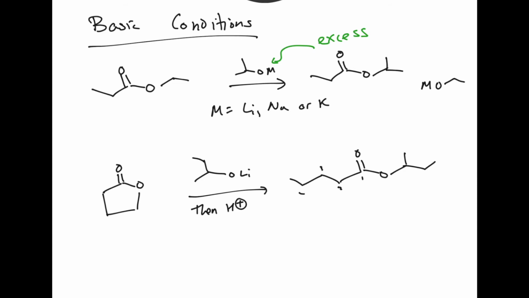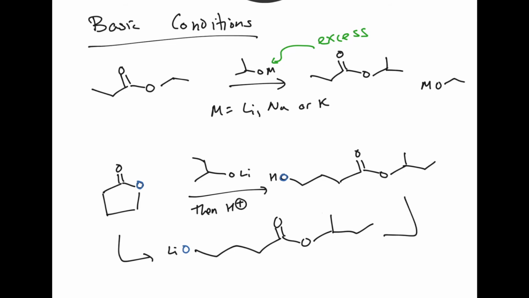So that's right. Again, this oxygen here is this oxygen here. The reason we need the then H plus is if you don't have it, when you open your lactone, you're going to have the alkoxide, and you don't want the alkoxide, you actually want the alcohol. So we have to add H plus so that it will protonate the alkoxide and give you the alcohol.